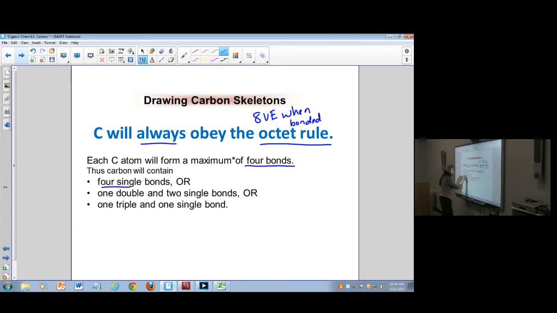That can be 4 single bonds, or a double and 2 single bonds, or a triple and 1 single bond. And I'll review all that with you in a little, in fact, I think on the next slide. But my main take home right now is make carbon obey the octet rule. It has to obey the octet rule.